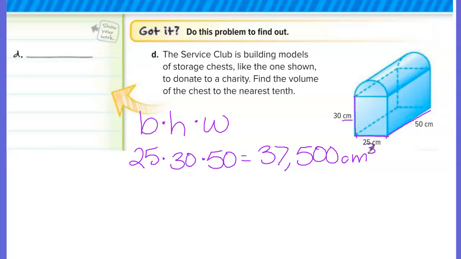But now we have to figure out the volume of our cylinder. If you remember the volume formula for a cylinder, volume equals pi r squared times the height of our cylinder. We are going to use 3.14 for pi, and we have to figure out the radius.